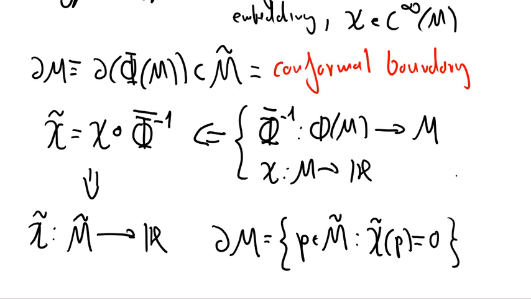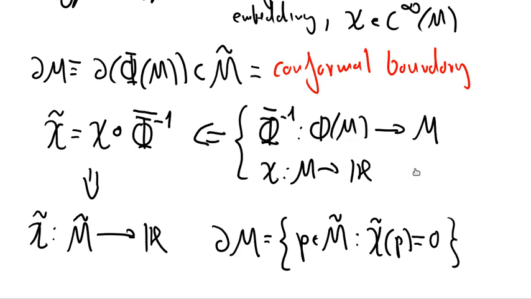So the conformal boundary is just the zero set of this function chi tilde. And we can compute chi tilde explicitly once we have an expression for the conformal embedding.